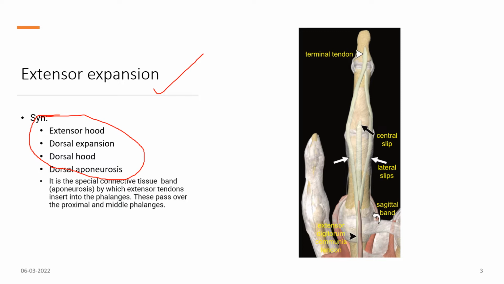So you can see the extensor digitorum communis tendon and how it is splitting into a central slip and lateral slips and passing over the proximal and middle phalanges, and the terminal part getting inserted into the terminal phalanx. So hope you have understood the synonyms and the structural components of the aponeurosis of extensor expansion.